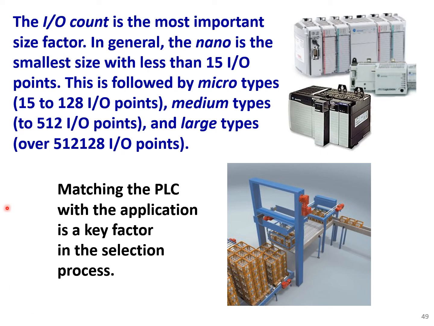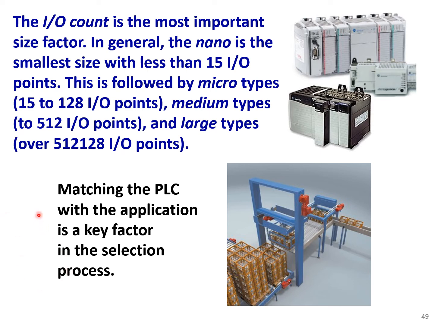In general, the nano is the smallest size with less than 15 I/O points. This is followed by micro type, 15 to 128 I/O points, medium types to 512 I/O points, and large types over 512 I/O points.